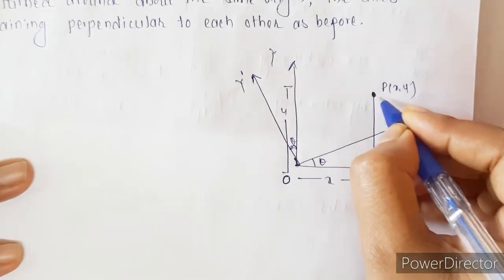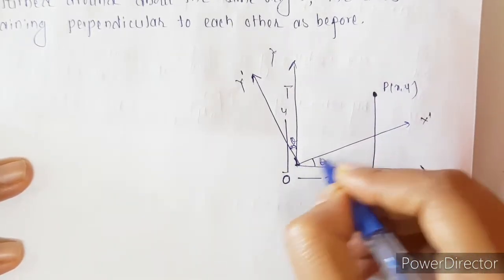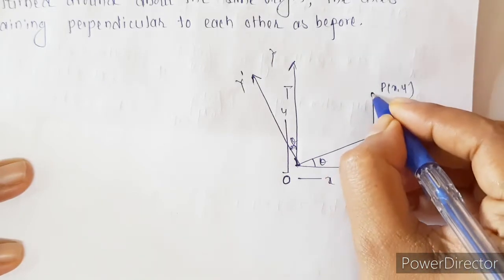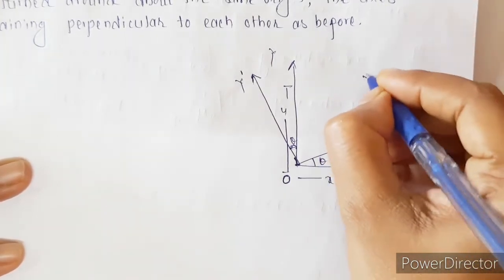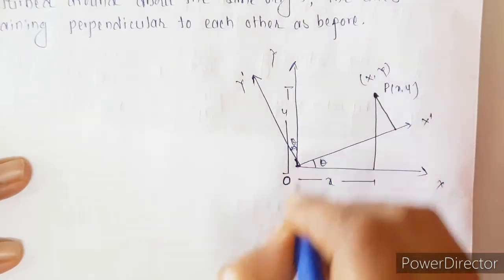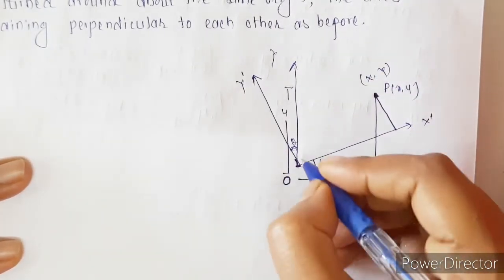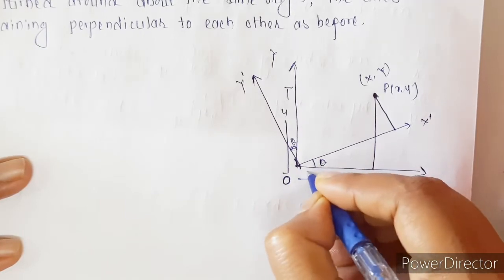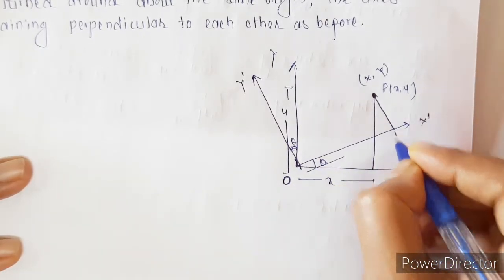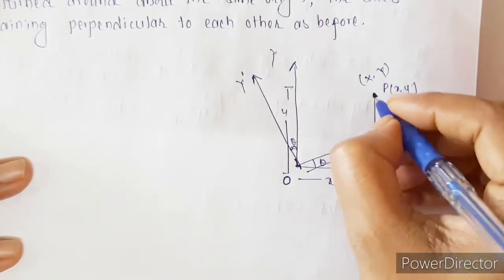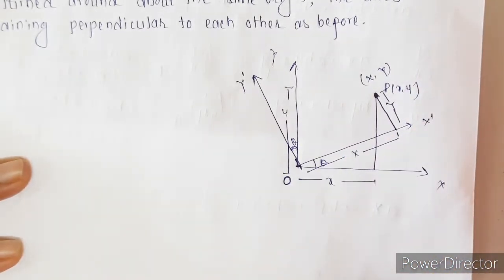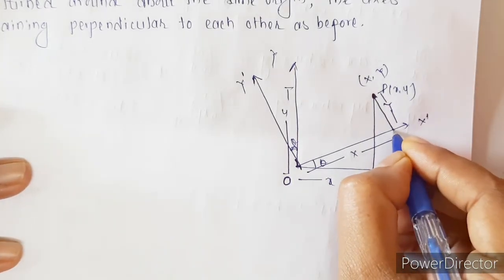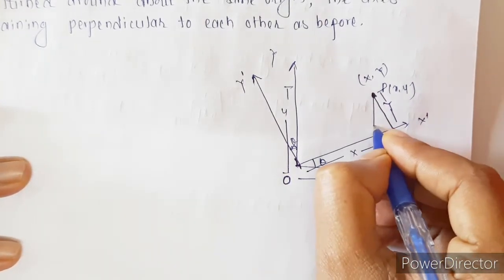Now this point P, according to the new axes x dash and y dash, I am naming as capital X and capital Y. So the distance from here till this point is going to be capital X and this distance is capital Y. Let me draw one line here and over here.